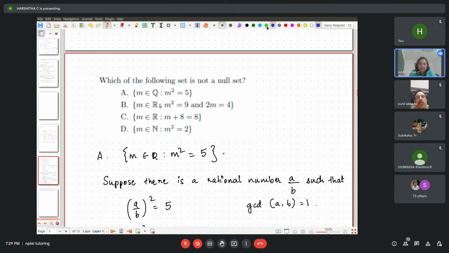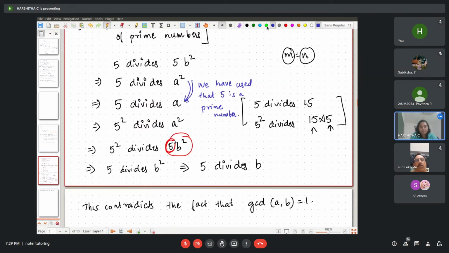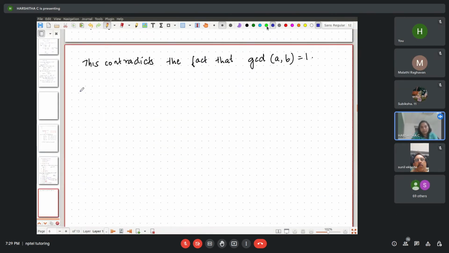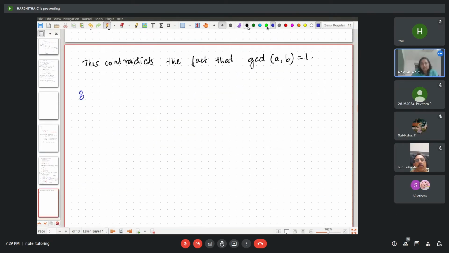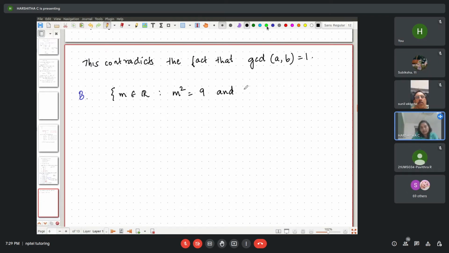Okay, let's look at the other sets. The second one is: we are looking at all real numbers whose square is 9 and 2m is equal to 4.